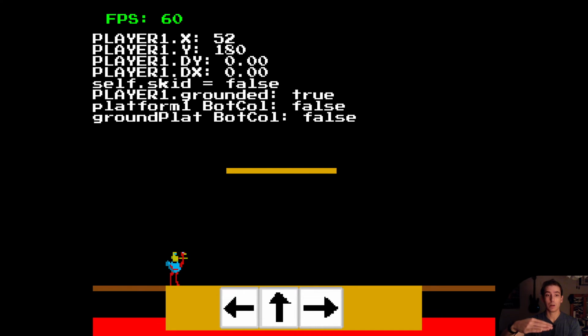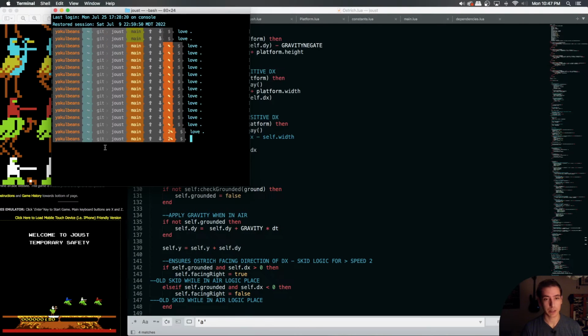The original function's more like that, where you can come in like this, bounce, still technically colliding, but it doesn't mess with your dx like my mistake was. Oops.